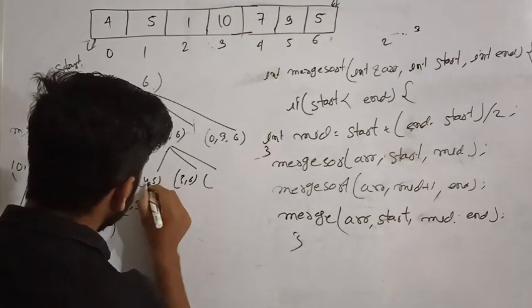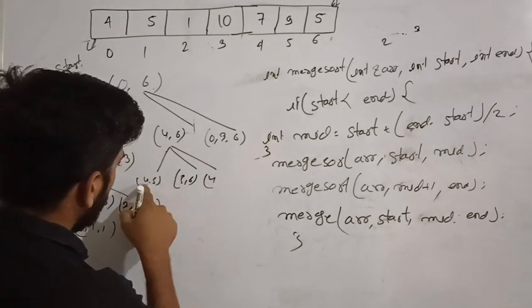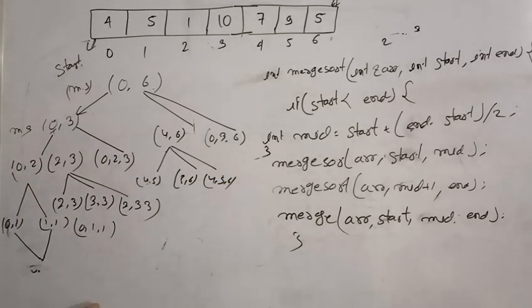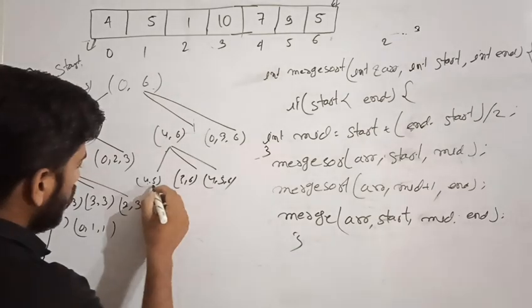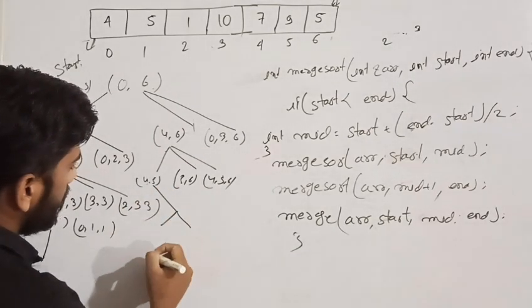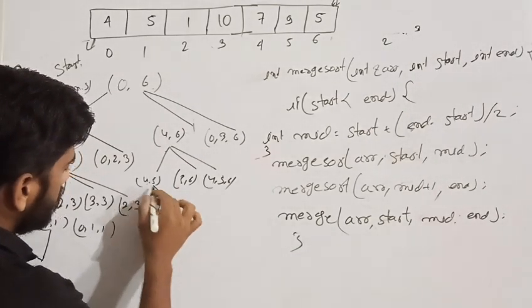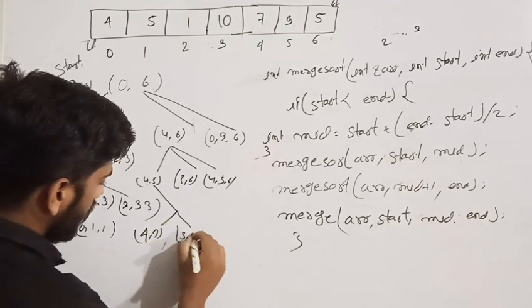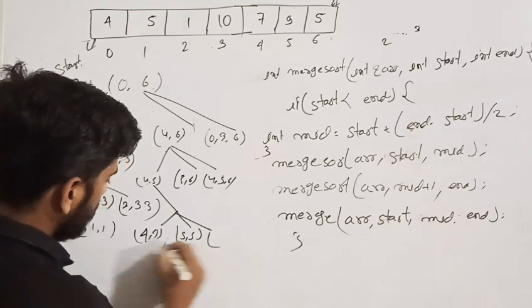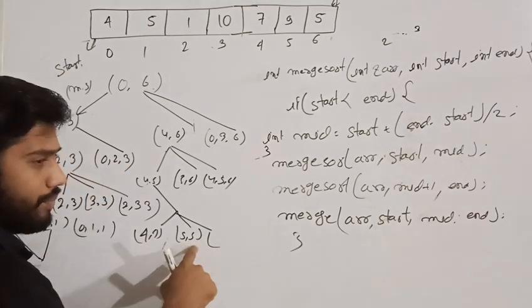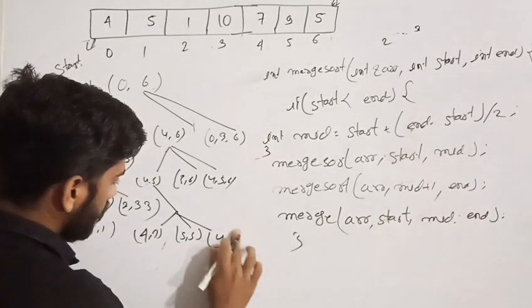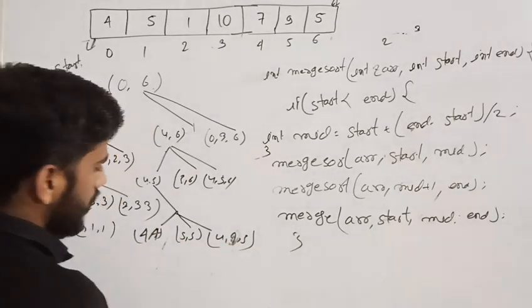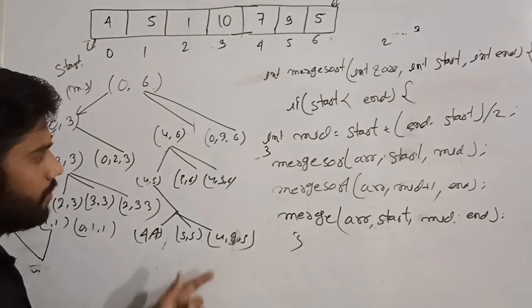It will be divided again into 2 parts, then it becomes 4 and 5, then here is 4 4, and 5 5, and again merge, then 4 5 5. Again this will happen.